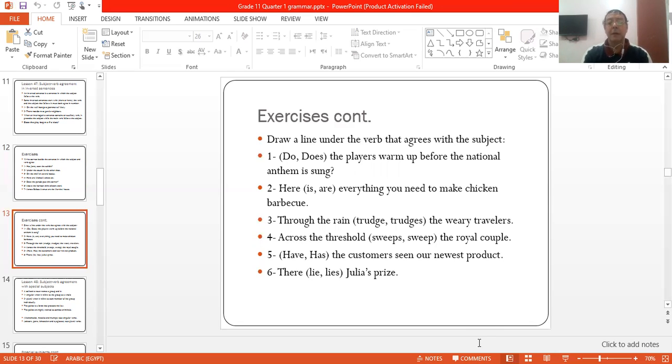Number four, across the threshold sweeps or sweep the royal couple. The royal couple sweep, so we should say sweep the royal couple. Number five, have or has the customers seen our newest product?